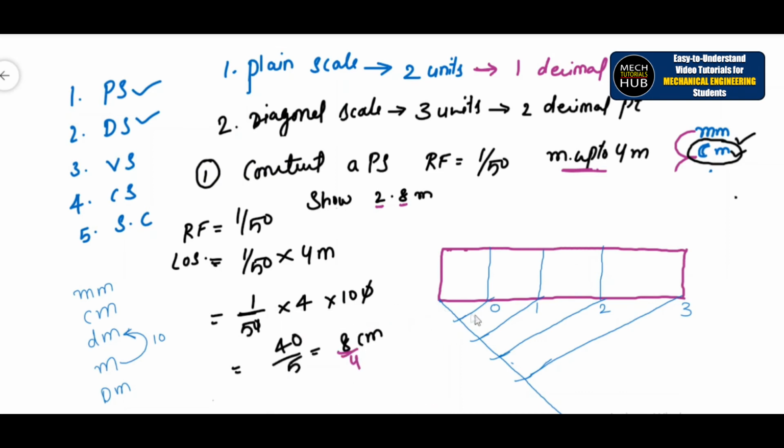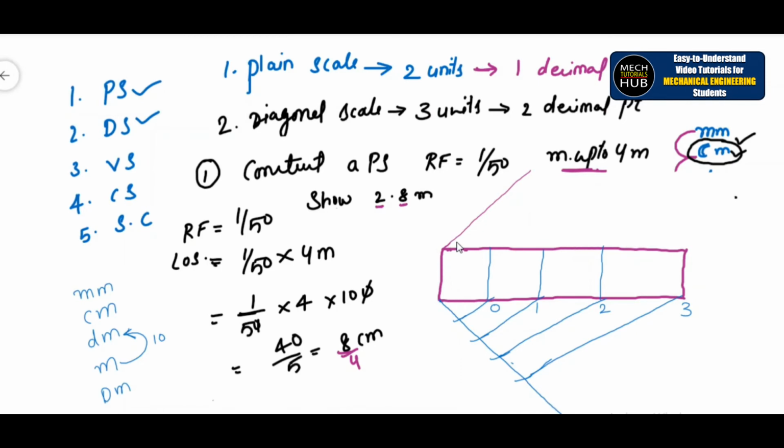Alright, now here we again need to divide this into a number of segments. For that, I'll draw a line with some acute angle. I'll divide this into 10 segments. Dividing this portion into 10 segments directly is not possible, because the value you get will be in fractions.